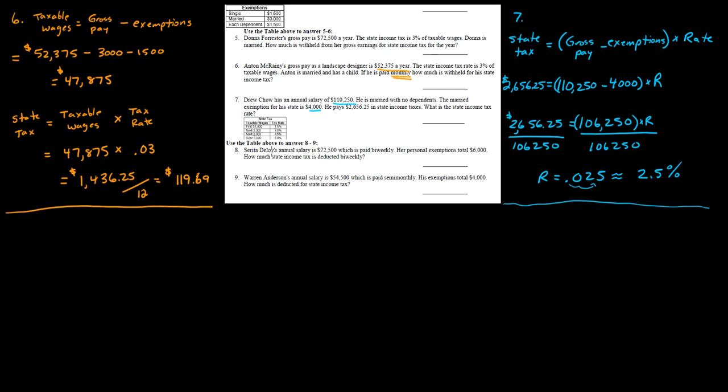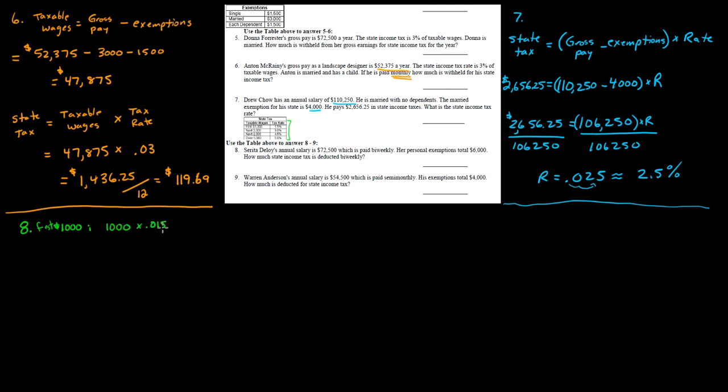All right, last but not least on this page, we'll do number 8. Numbers 8 and 9 are the same thing. If I look at number 8, I have a tiered tax rate, and we can tell by looking at this table right here. It says for the first $1,000, we are going to pay 1.5%.